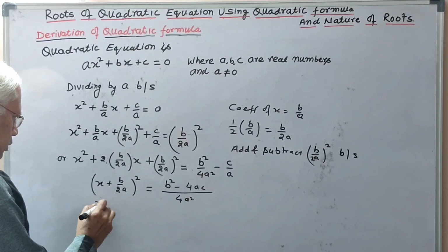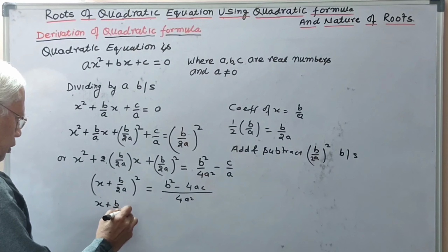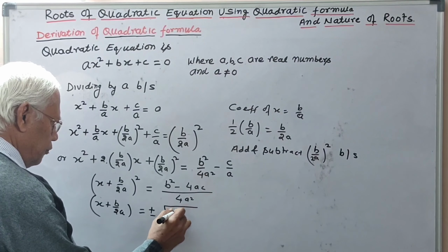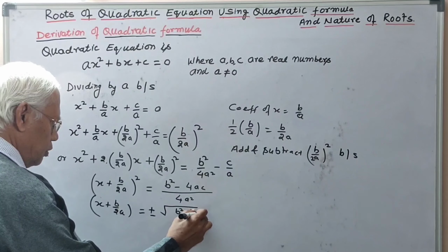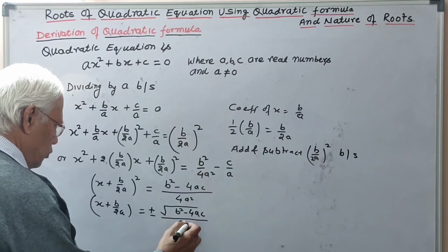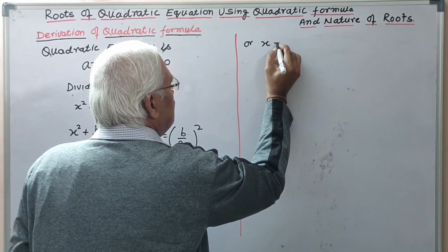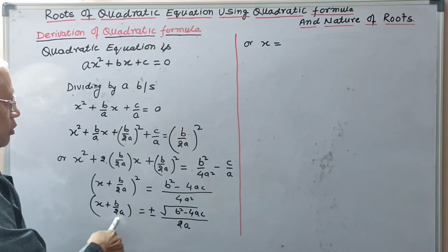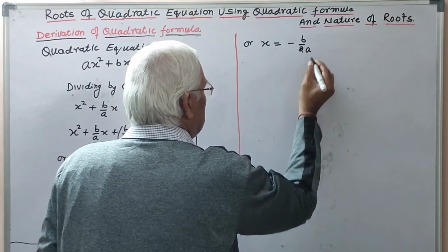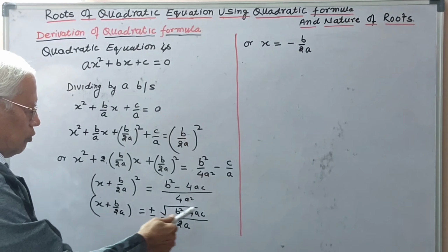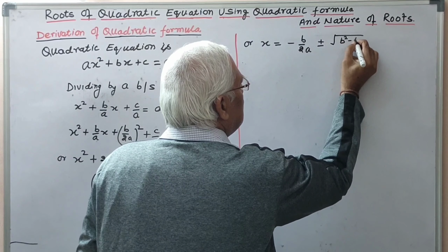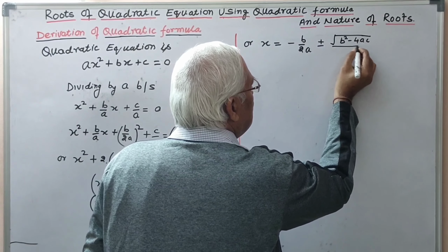Taking square root both sides, so x plus b upon 2a is equal to plus minus square root of b square minus 4ac divided by square root of 4a square, which is 2a, or x is equal to, transferring b upon 2a to the right side, so its sign will change, minus b upon 2a, then plus minus square root of b square minus 4ac upon 2a.